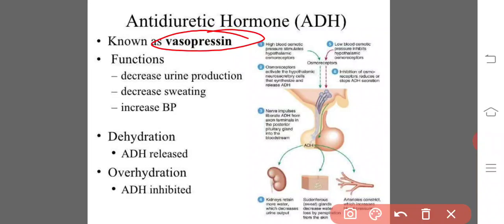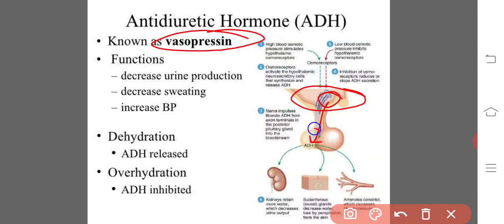If you observe the brain, there is a hypothalamus. The special neuronal cells synthesize the vasopressin and release it into the posterior lobe of the pituitary gland, the neurohypophysis.